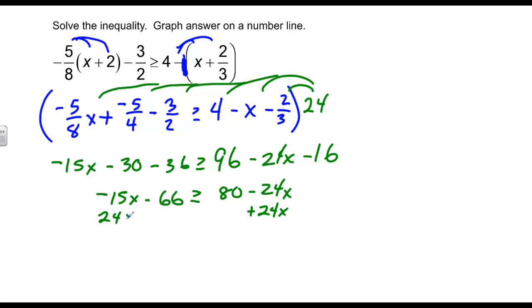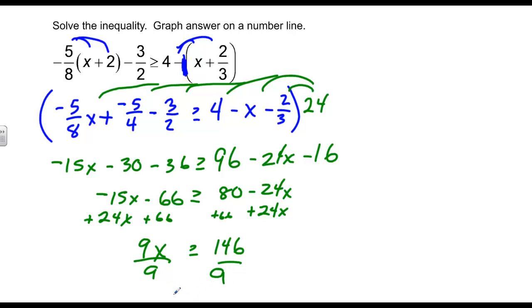So I'm going to add 24x to both sides, and then I'll add 66 to both sides as well. So what we have is 146 on the right side. On the left side, the 66's go. I'm left with a total of 9x. Get x by itself by dividing by 9 on both sides.